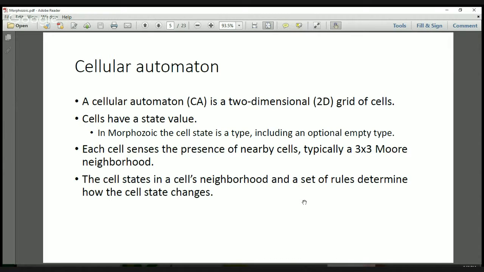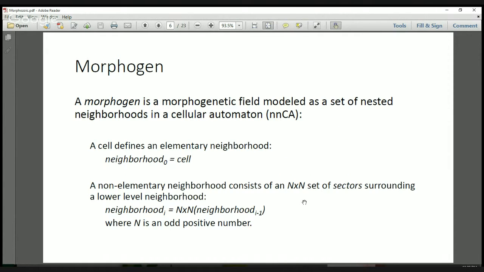And each cell can sense the presence of nearby cells, typically a 3x3 Moore neighborhood. And nested neighborhoods are larger than that. And the cell states in a cell's neighborhood and a set of rules determine how the cell state changes. So it's a little bit like a Turing machine in that sense.